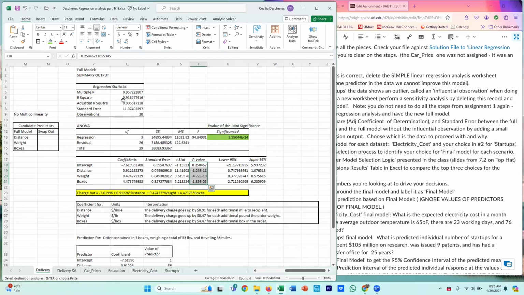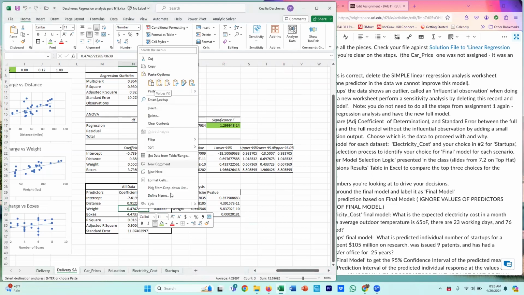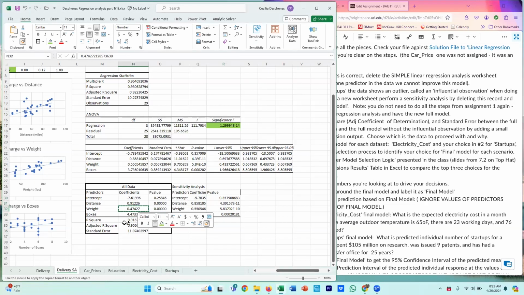For all data, I needed to grab these. Careful, careful. All right. Paintbrush, there you are. All right, now I'm going to get those.